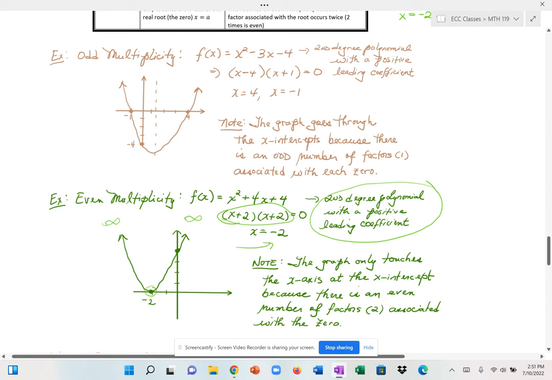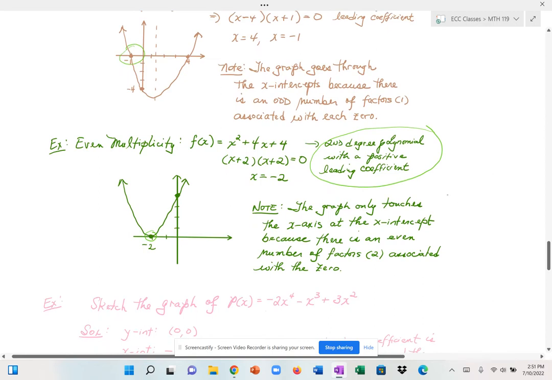So it goes down and back up. It doesn't pass through it the way it did here and here because I had the same factor twice. So if the same factor comes up an even number of times, it's only going to touch the x-axis. So think of it as like bouncing off of the x-axis, not going through it.